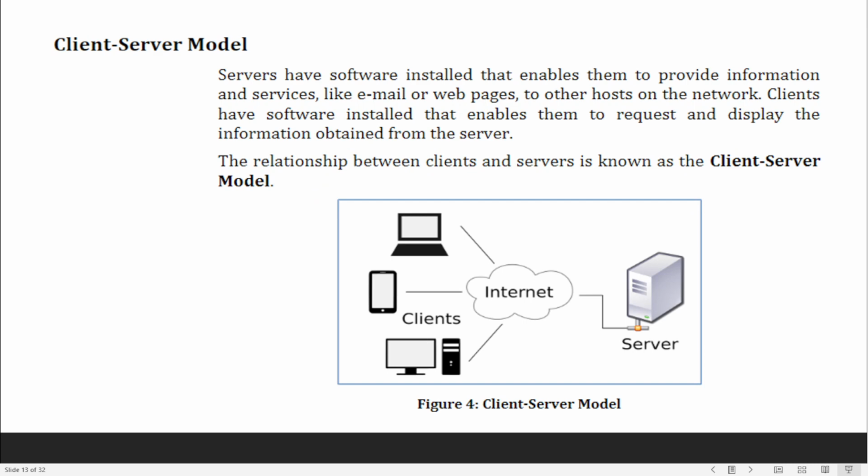Alright. We have here the basic logical use of the internet: the client-server model. Servers have software installed that enables them to provide information and services like email or web pages to other hosts on the network. Clients have software installed that enables them to request and display information obtained from the server.